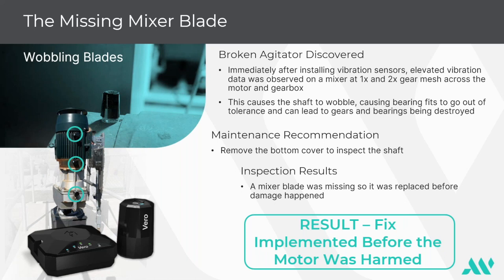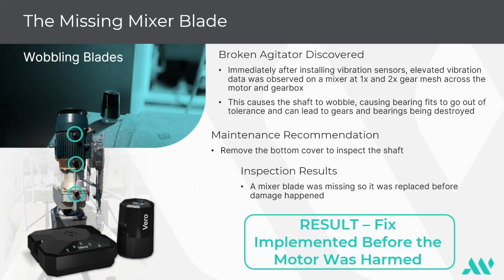In this particular instance, the analyst was able to see clearly in the dashboard that there was abnormal vibration happening within the gearbox. But we know from years of experience looking at data from gearboxes and motors, especially on mixers, that any issues down at the blade can really amplify any issues within your gearbox.